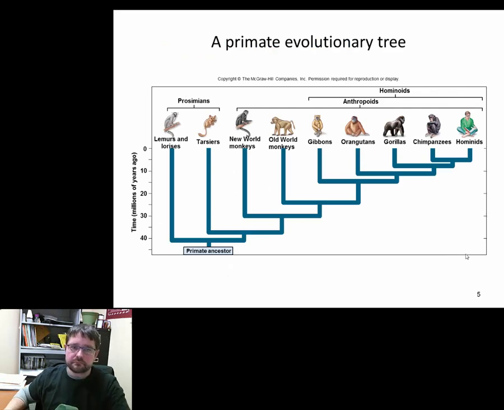So here you can see the breaking of the primate evolutionary tree: the prosimians, the lemurs and tarsiers, and then the anthropoids, which includes the hominoids, and we'll get to the hominoids in a little bit, which includes gibbons, orangutans, gorillas, chimpanzees, and us, and all the precursors, all the extinct species within these groups, which we'll talk quite a few about in the hominids or the human line.